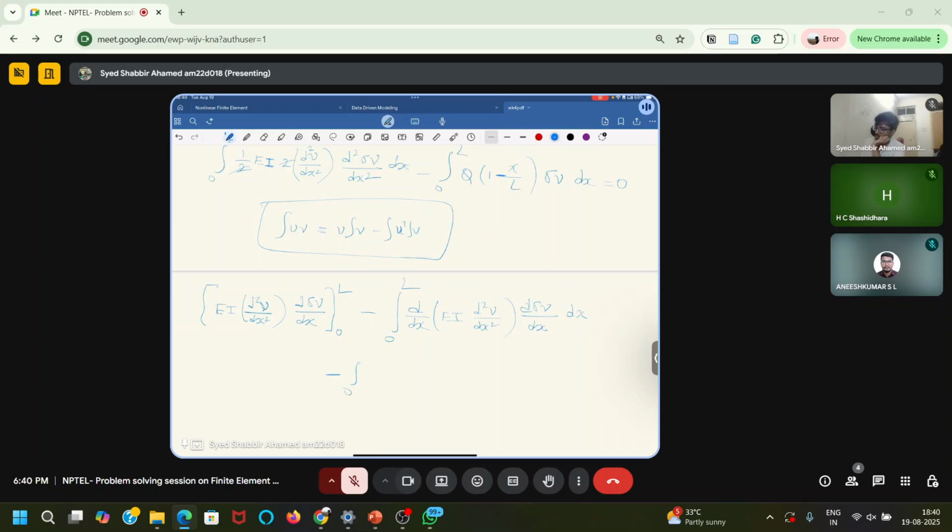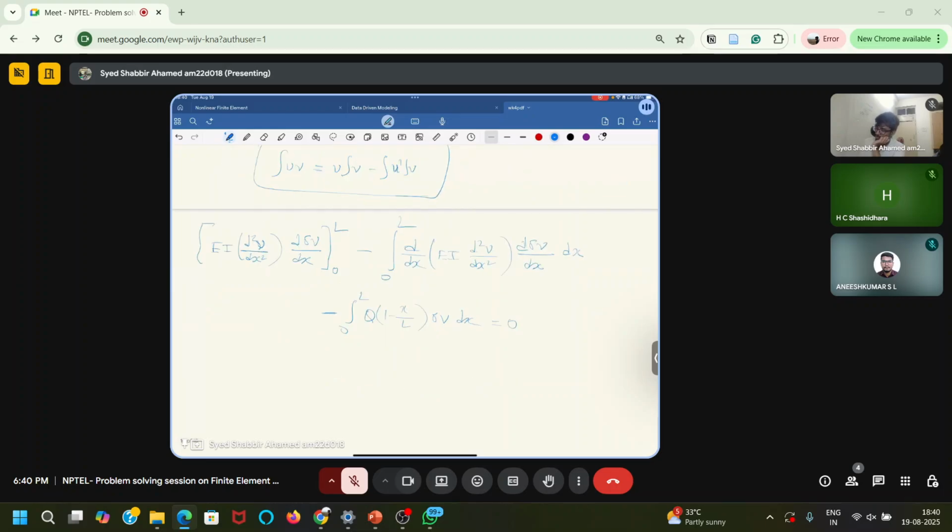And there is also this term, from 0 to L, u into minus 1 by x delta v dx. Now you can see I have this integral again. I can do integration by parts once more, and finally integrate this to get the term only with respect to delta v. So that will be my target. This I'll keep like this.